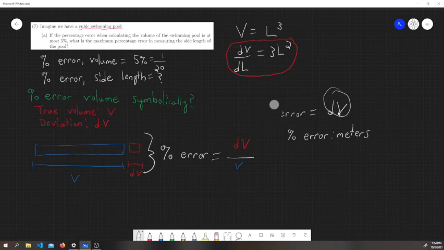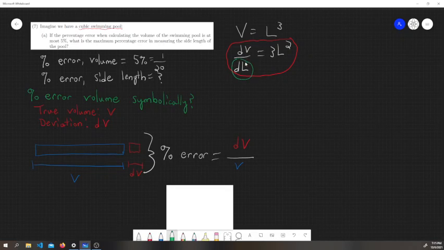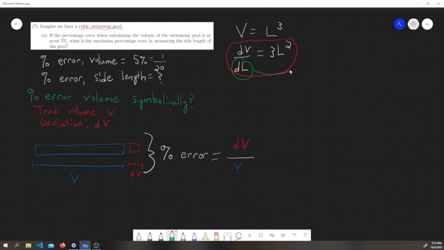So those are a couple of perspectives that hopefully help give some motivation for why we need to do that. Okay, I'm just going to erase this. With that in mind, the first thing we want to do is move this dL over to the other side.